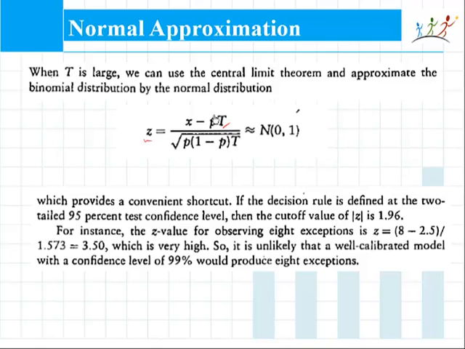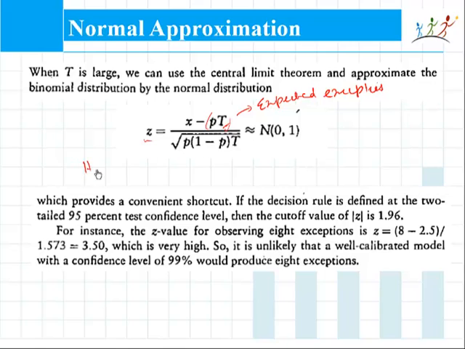So the expected number of exceedances is given as P into T. That will be our hypothesized value. X will be our actual observed exceedances.